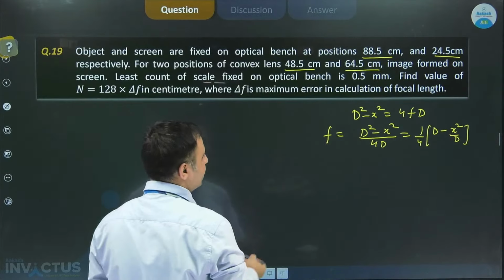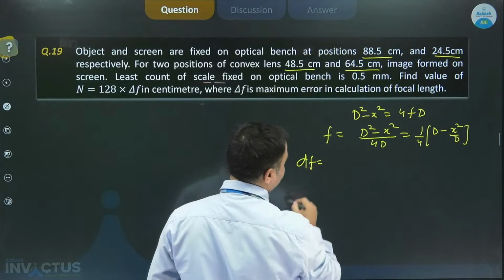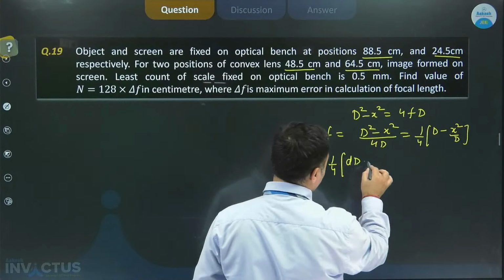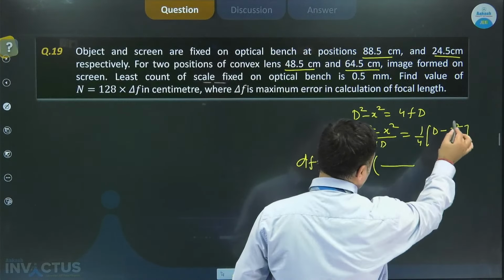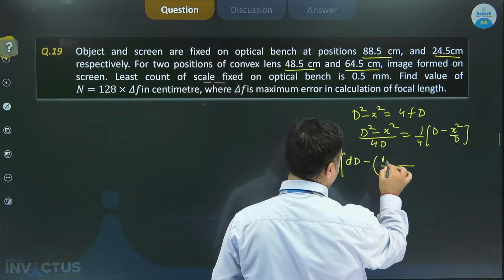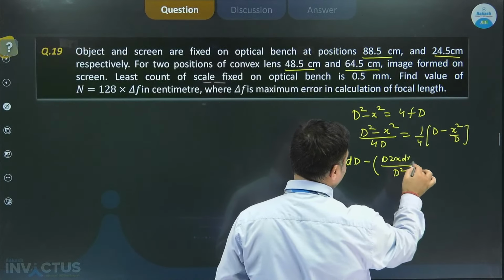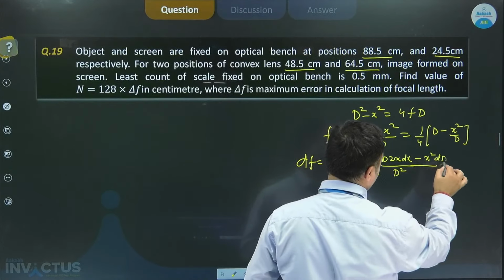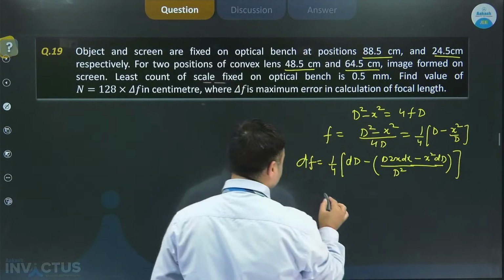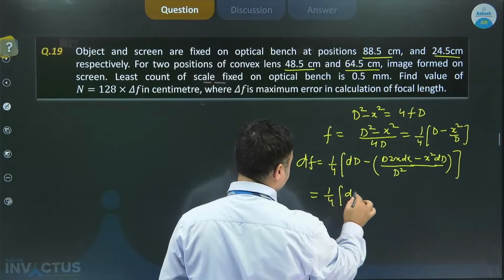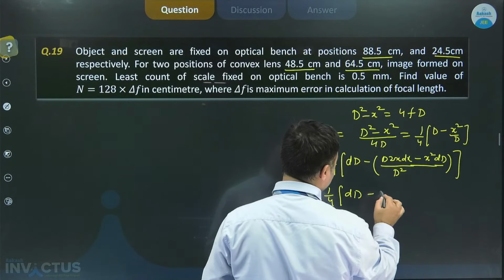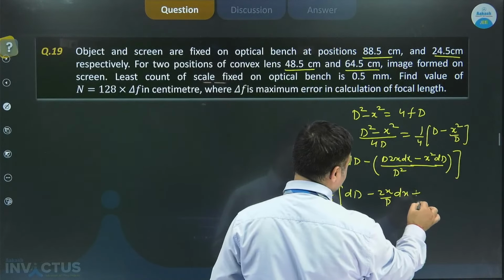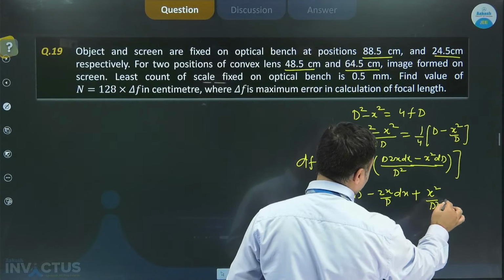Now differentiating this, df is equal to 1 by 4, and this is d of d, minus d of x square by d, which is 2x dx minus x square d of d. Now open the bracket. So we have 1 by 4 d of d, minus 2x dx by d, and this minus minus becomes plus, plus x square by d square into d of d.